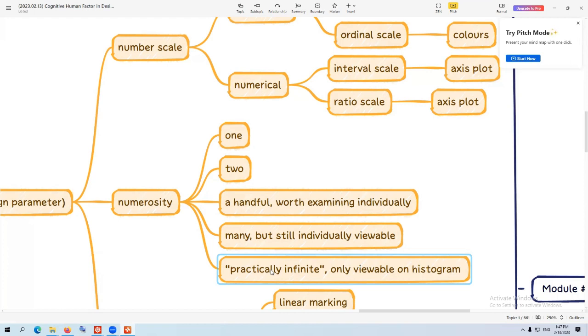Are you trying to show many things, but still conceivably can look at them individually? Or you have so many of them, like 1,000 data points, you can never look at an individual data point. You can only look at something like a histogram, okay? And this would influence your design choice, but a lot of times this is rather obvious.